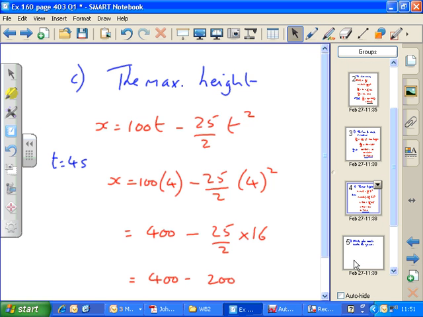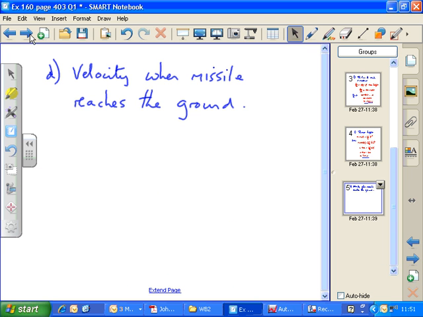So going back to part D, we could say that t equals 8 seconds. We could work out what the speed is, knowing that dx by dt equals the speed, which equals 100 minus 25t.